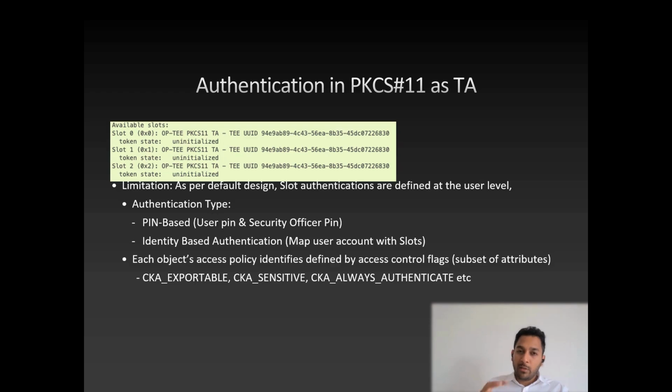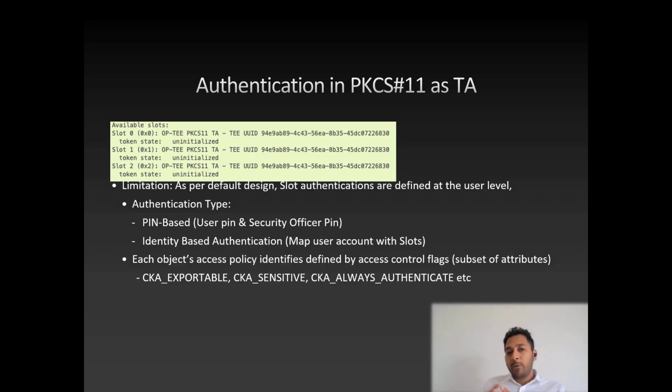This TA will create an emulated HSM, basically a logical HSM. So your application side doesn't know these HSMs are just virtual. That's why you are able to see all these slots: slot 0, slot 1, slot 2. It's all virtual. As per the default design, this slot authentication is defined at the user level.